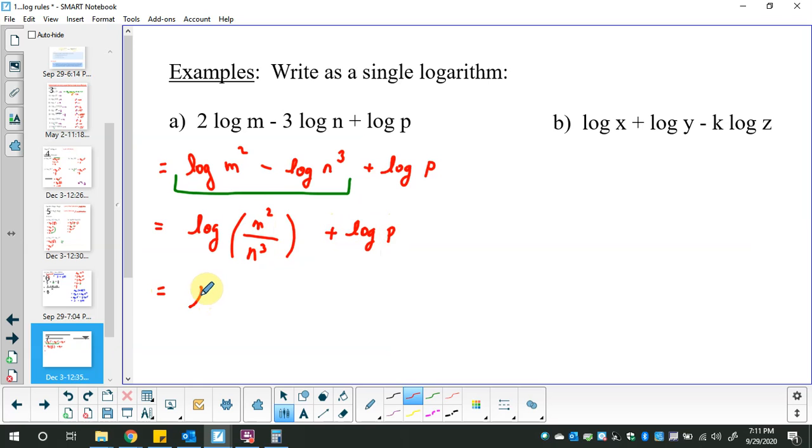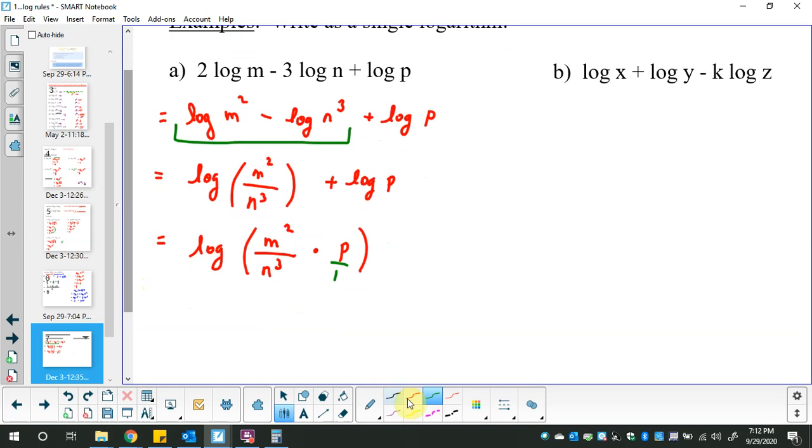So we end up with log base invisible 10 of m to the 2 over n to the 3, and then addition changes to multiplication of p. And I'm going to do one more line, put that over 1, so that my fraction isn't so spread out. Log base invisible 10 of m squared p, all crushed together because we're multiplying across the top, over n to the 3.